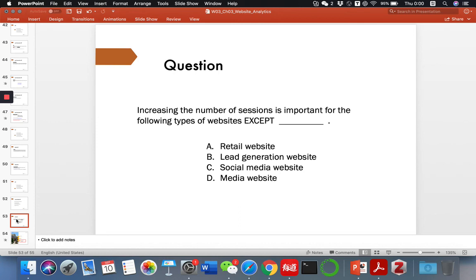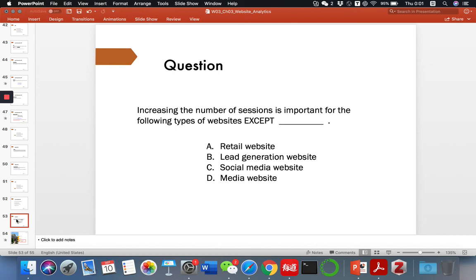Repeating different sessions from the same user does not mean an extra conversion for a lead generation website, right?